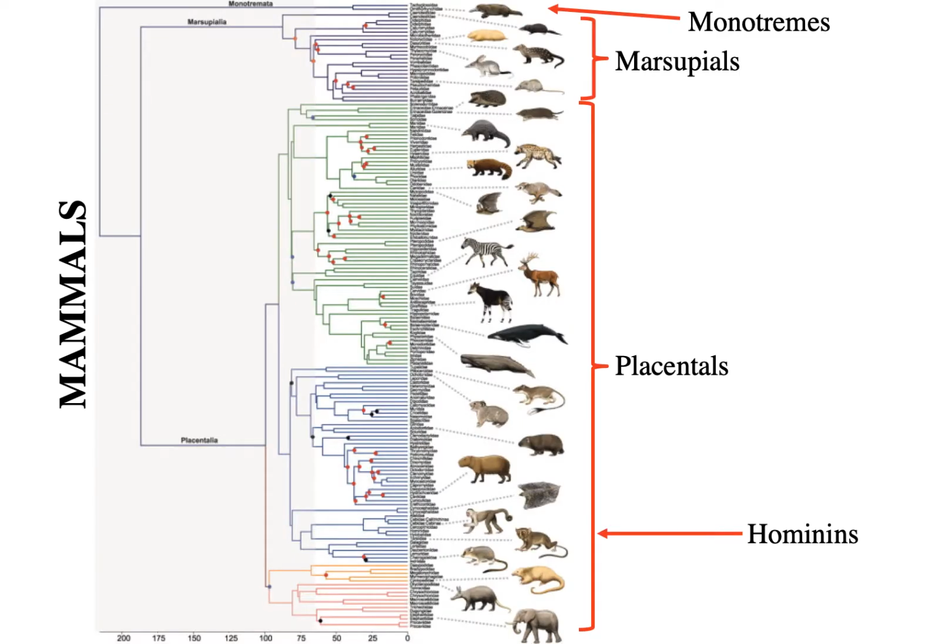And of course, you have several different types of mammals. Here's where the hominins would fit right in this section of this phylogram. The placental mammals, where most of the development of the young happens inside of a uterus inside the female. Marsupial mammals, where a lot of the development happens outside the female. And then things like the duckbill platypus, which are monotremes, are further back in evolution than those as well.